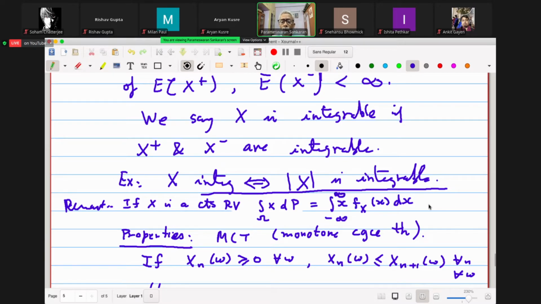Okay, where fx of course is a density. So this is an important remark, and because of this, hereafter we'll just simply write ex for the entire thing.